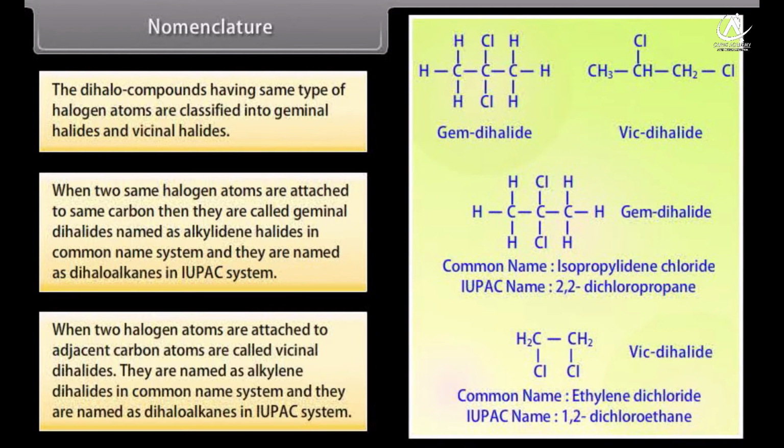When two halogen atoms are attached to adjacent carbon atoms, they are called vicinal dihalides. They are named as alkylene dihalides in common name system, and dihaloalkanes in IUPAC system.